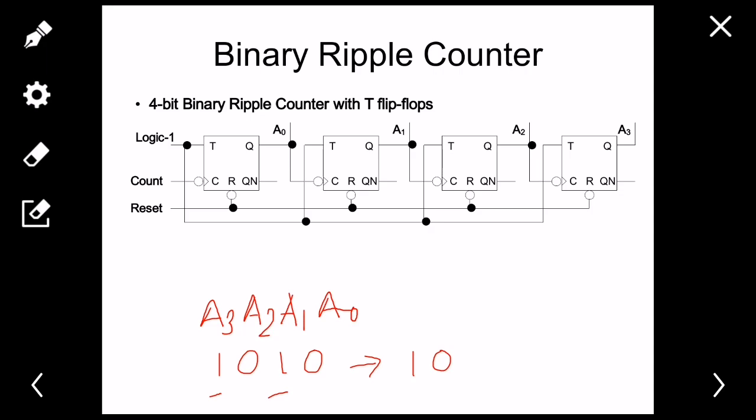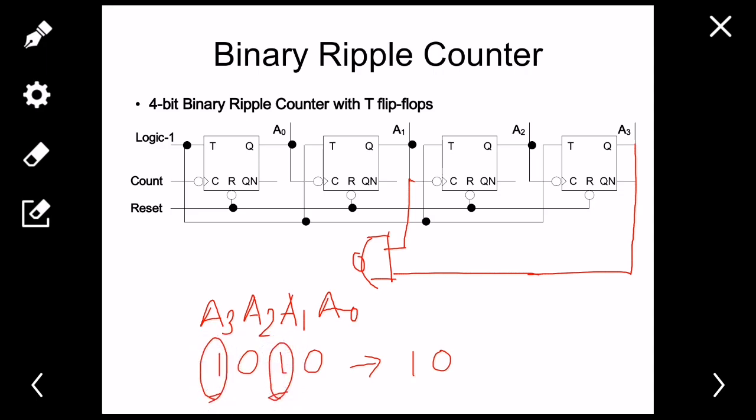I'm going to take A3 and A1 and draw a NAND gate. When A3 and A1 are both 1, I'll have a 0 at the output, and I'm just connecting this with the reset pin.